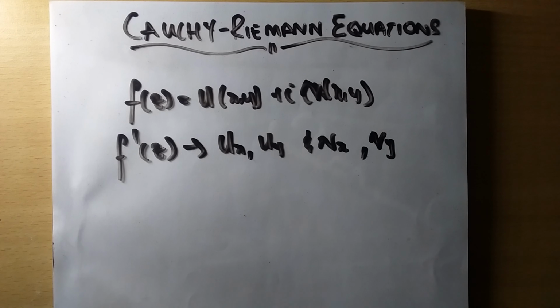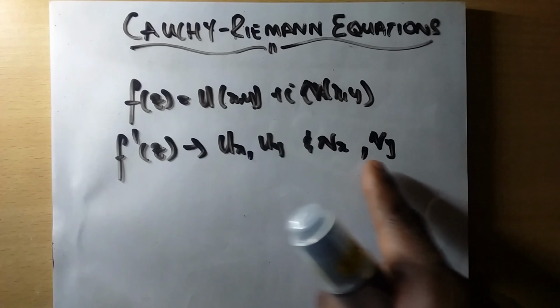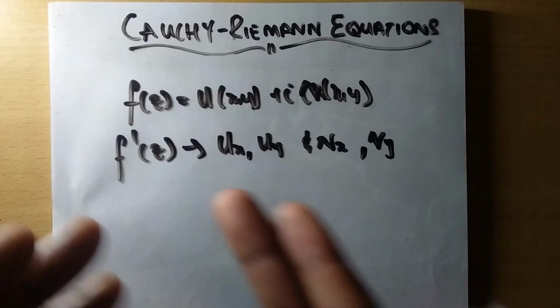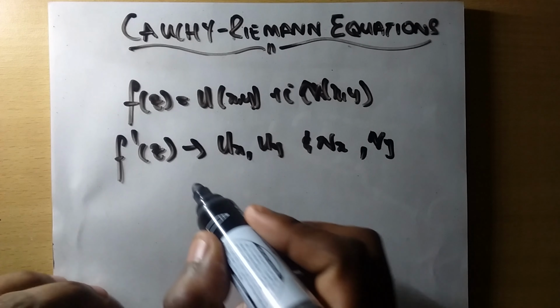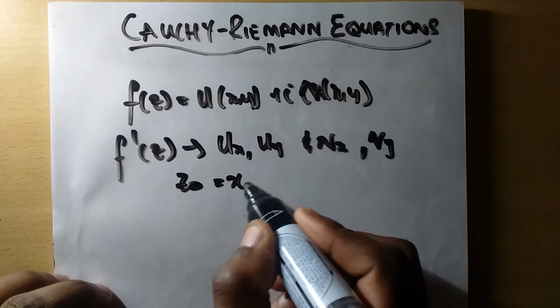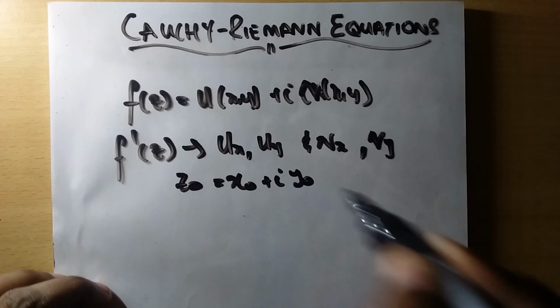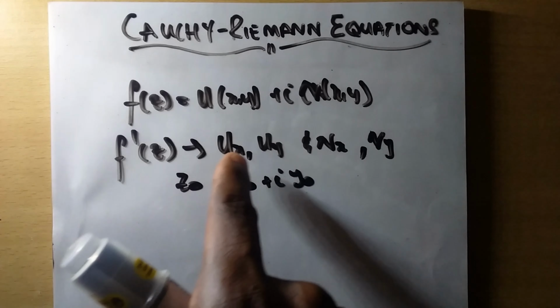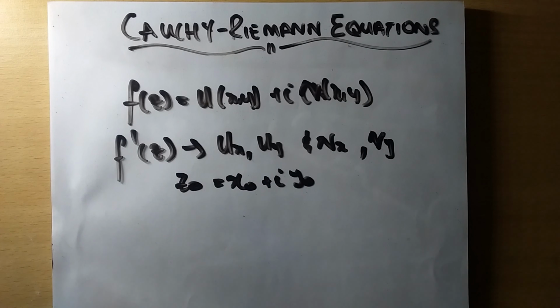The existence of all of these things must happen at some point z0, which is given by x0 plus i y0. So the existence of the derivative of a function of complex variable gives us the existence of what? Of partial derivatives of the components of the function.